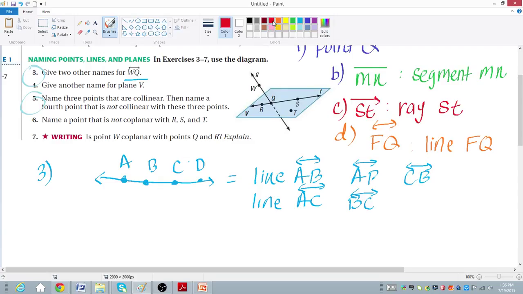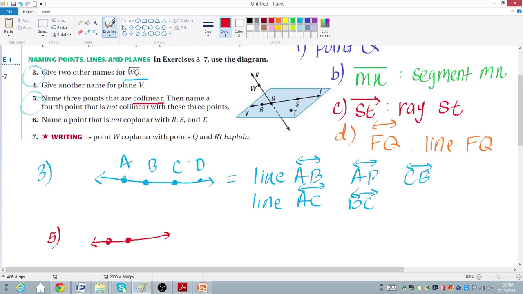We'll do that in red right here. It says name 3 points that are collinear. Then name a fourth point that is not collinear with these 3 points. What it means to be collinear is, let's say you have a line and a point right here, a point right here.